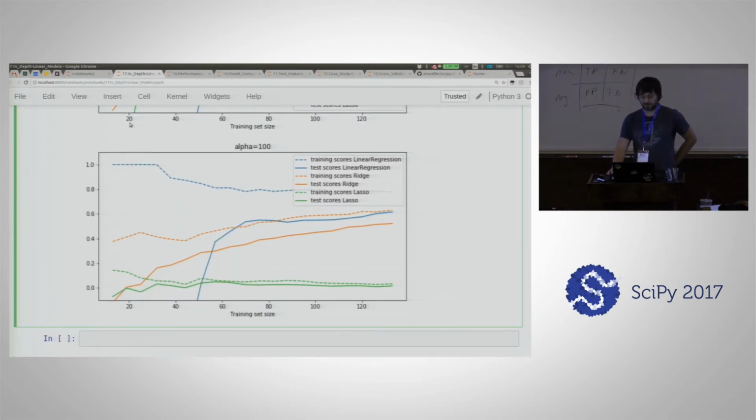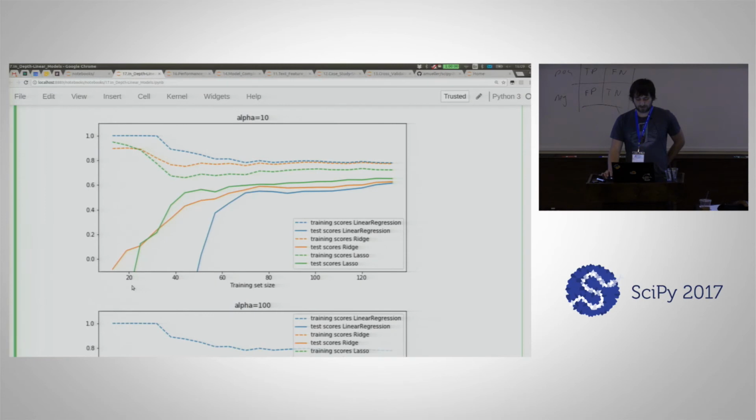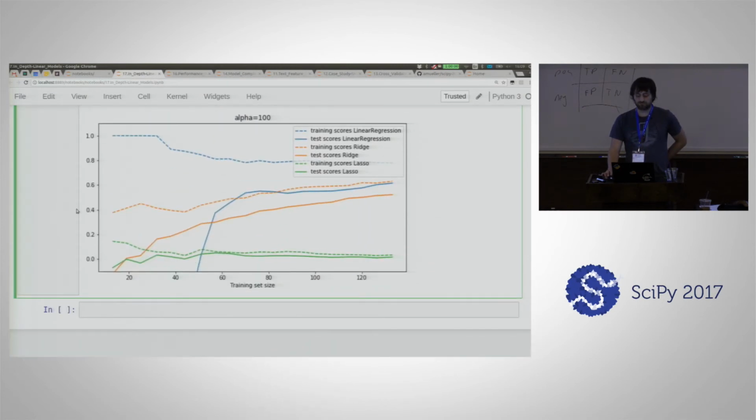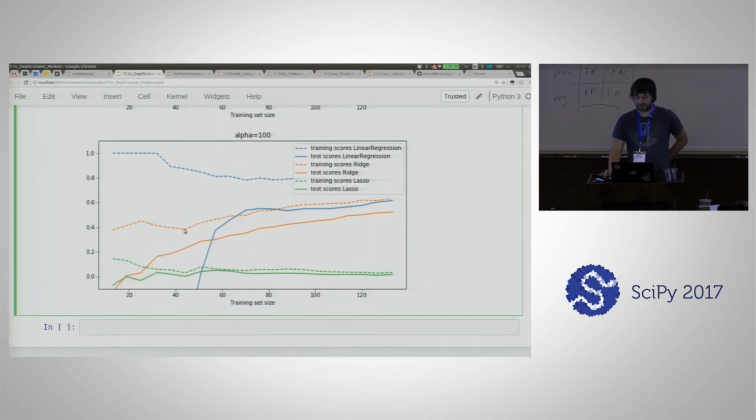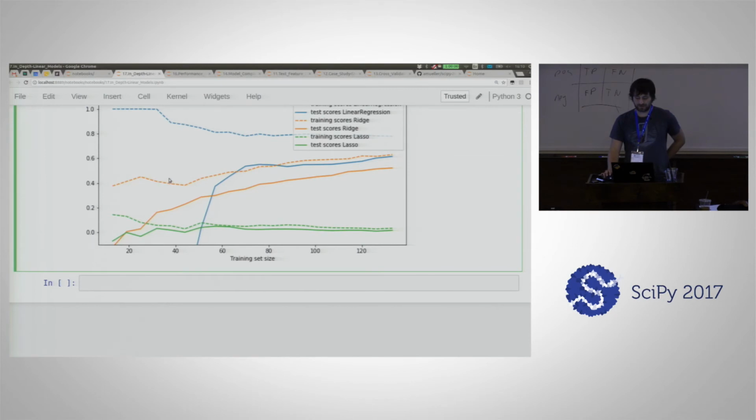If you set alpha very large, you have a lot of regularization. And so you can see that for both Ridge and Lasso, for very few data points, they do pretty decently still, comparatively. You can see also that the training error is much, much higher, so they're much more underfitting.